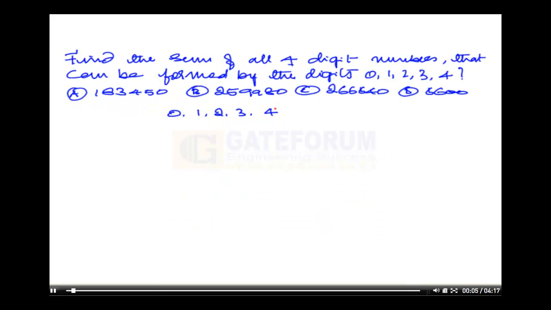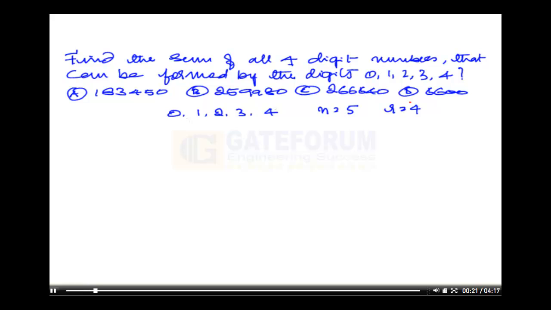Given 5 digits, that is 0, 1, 2, 3, 4, that means n is equivalent to 5, but we have to find the sum of all 4 digit numbers, that means r should be 4.